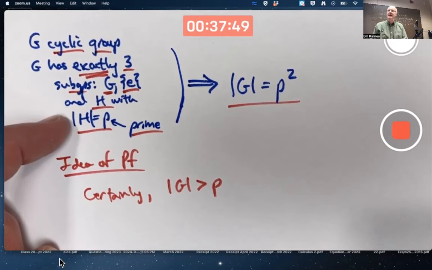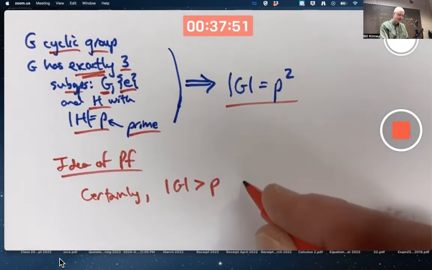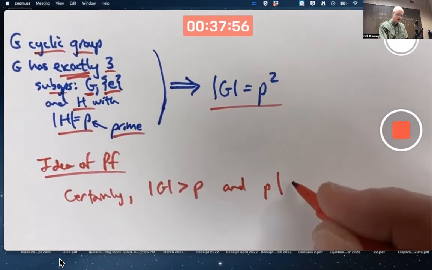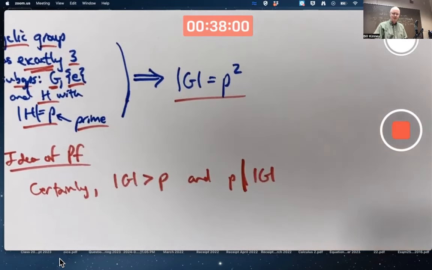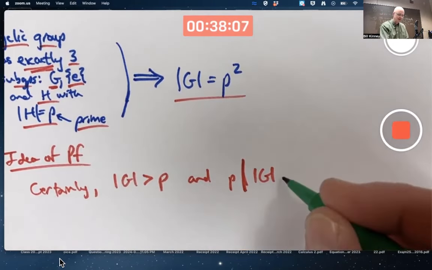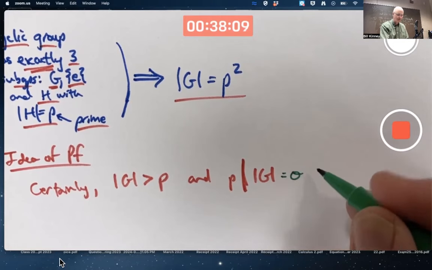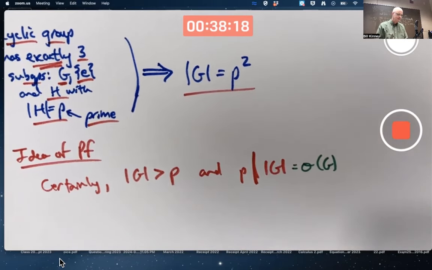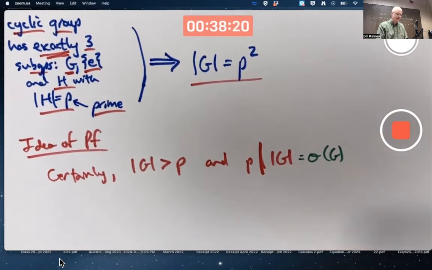H has order P, so P has to divide the order of G. This is a divide symbol, and here's an order symbol. By the way, the fact that we're using lots of vertical lines here is another reason why some people use O for order instead of absolute value signs, but this is what our book uses for order. You don't need to write that. I'm just making a comment there.